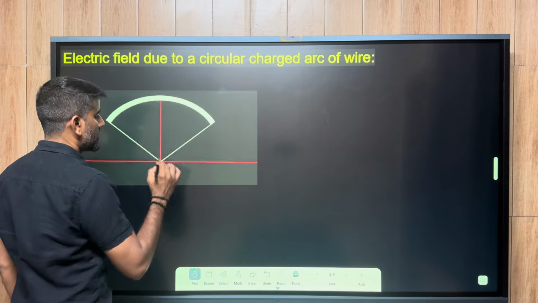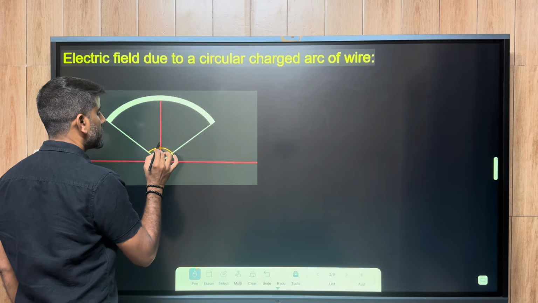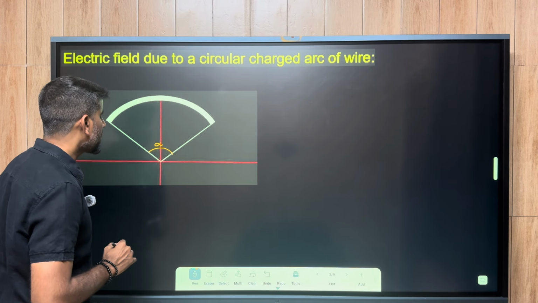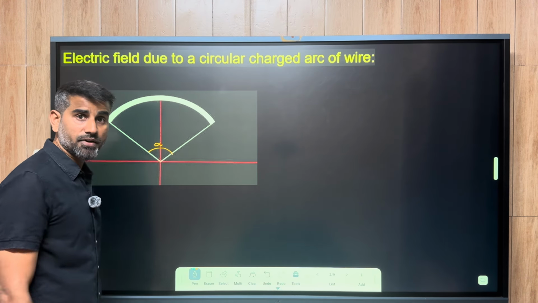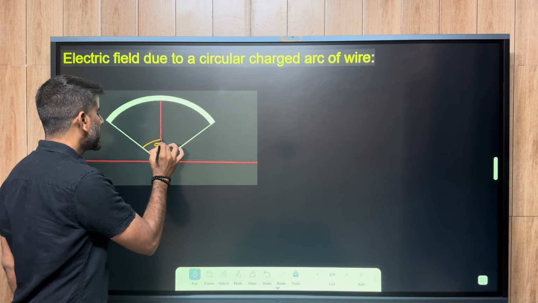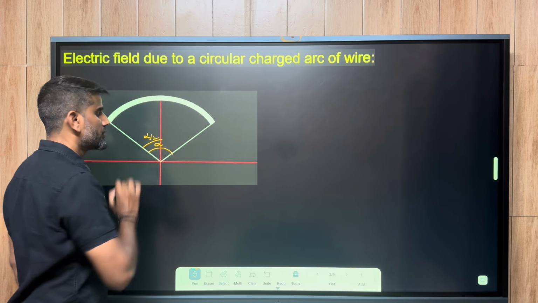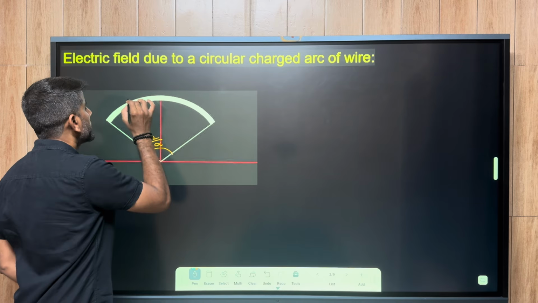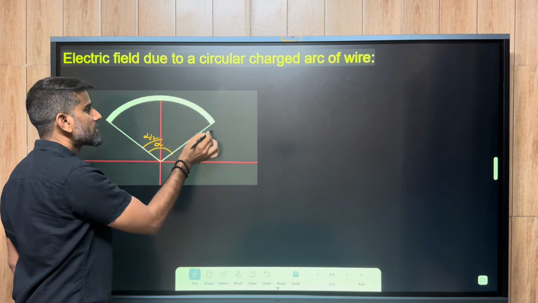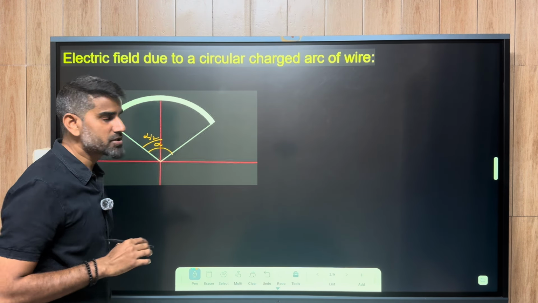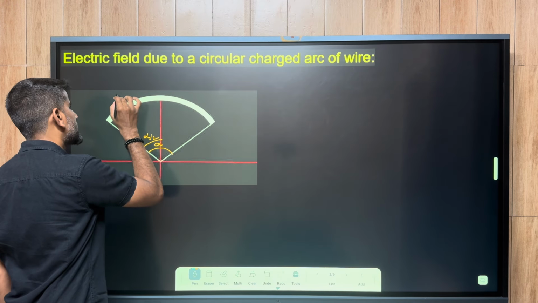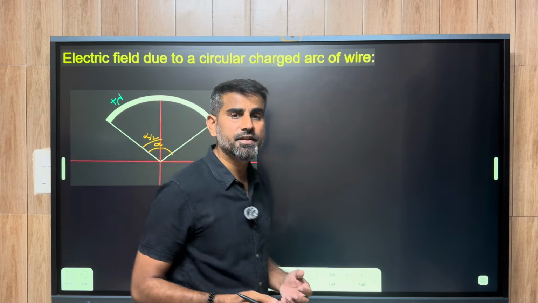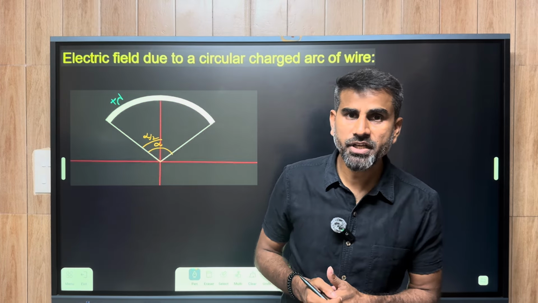If the entire angle is alpha, this angle will be alpha by 2. This circular arc is positively charged, whose linear charge density is lambda; I am taking plus lambda to represent that the wire is positively charged.